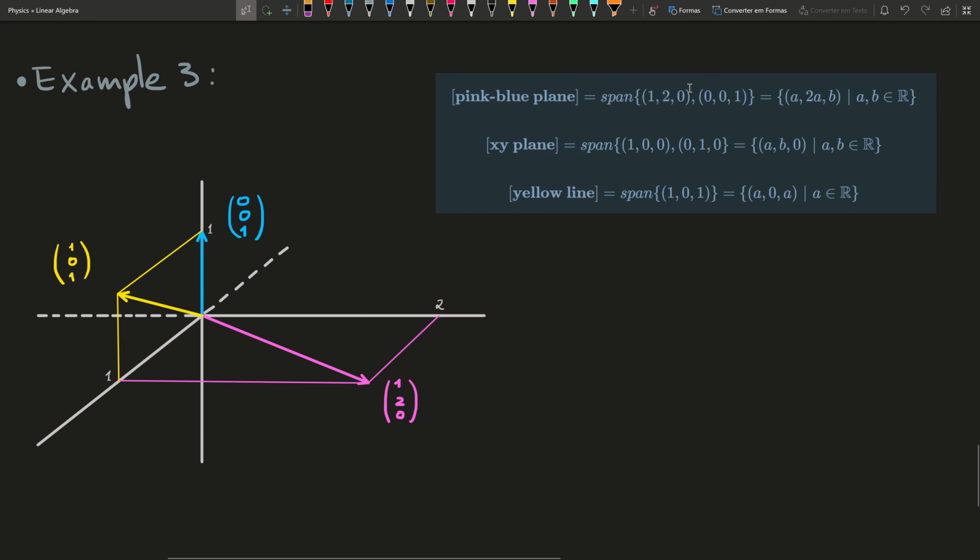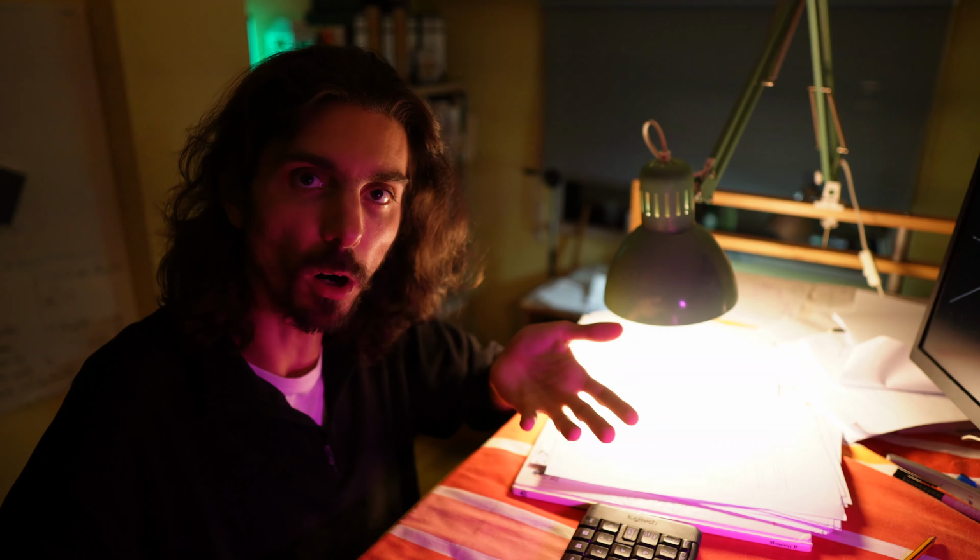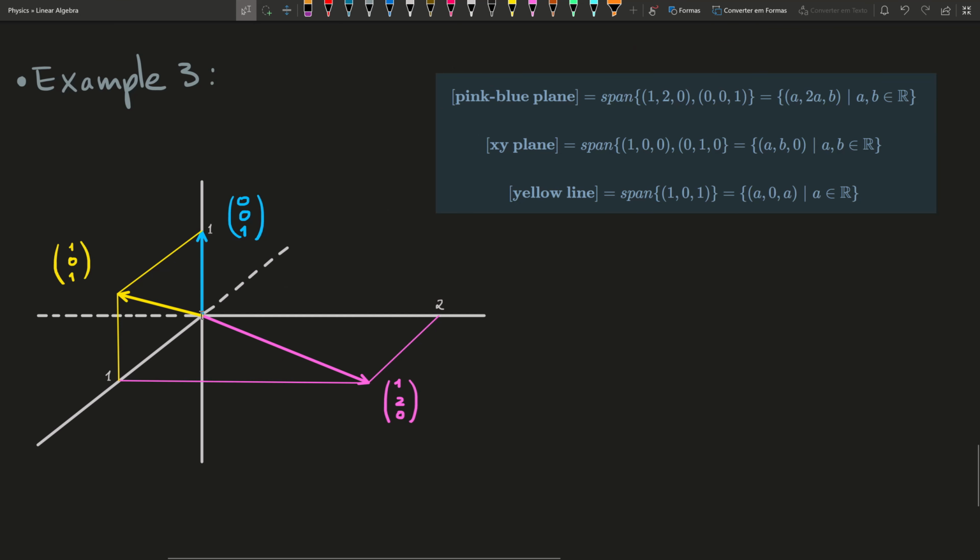Additionally, because I'm combining these two elements, I can write the generic form of the vectors that start at the origin and land in this plane, meaning (a, 2a, b). How do I arrive at this? Remember, I arrived at this by writing a(1, 2, 0) plus b(0, 0, 1).